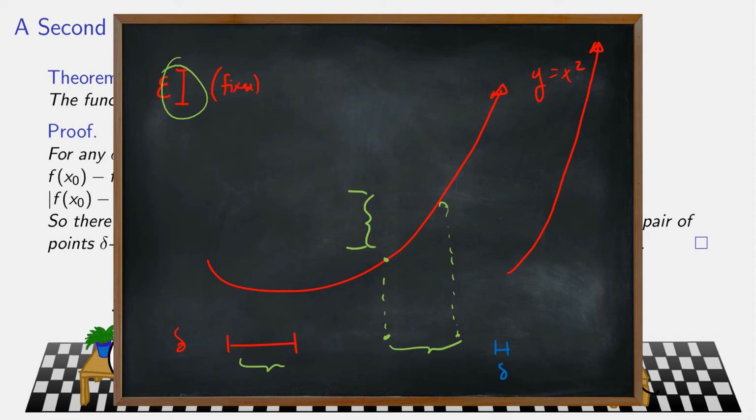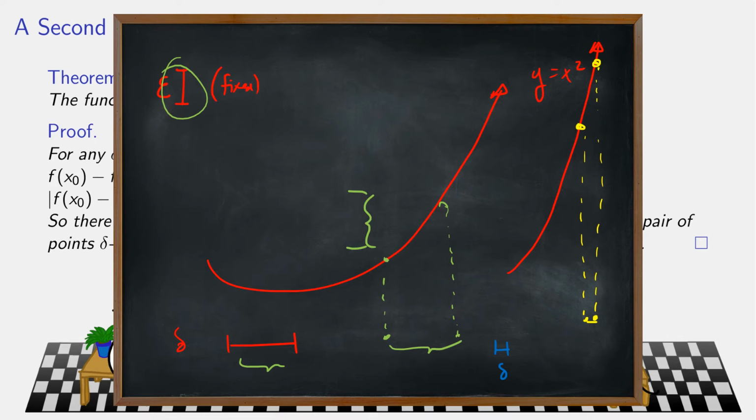So maybe if I move far enough out to the right, in other words, if x0 is at least as large as epsilon over delta, and since epsilon and delta are both positive, epsilon over delta is a certain real number, I can certainly move out very, very far to the right to find two points very, very close in the domain, but whose corresponding points out in the range are pretty far apart because the function was going up so quickly.